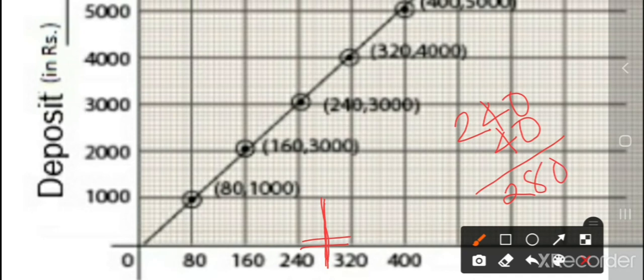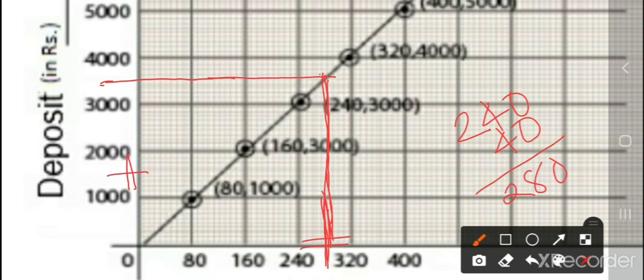So where is it reaching here? Where the center line meets, that is the point. Which amount will it be? Between 3000 and 4000, what is the mid amount? Here one unit is 1000, so half means it is 500.